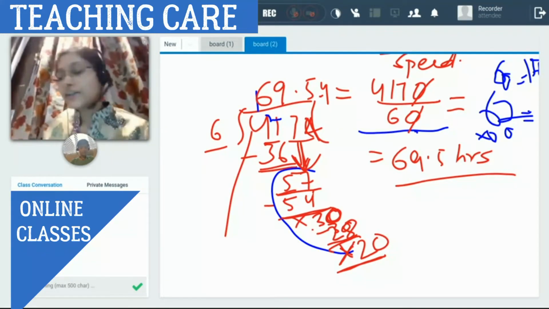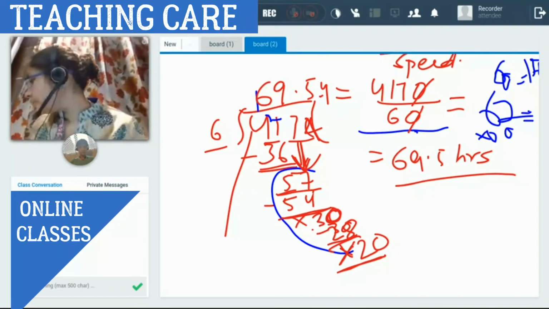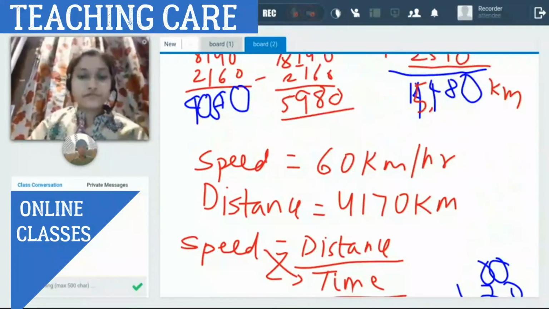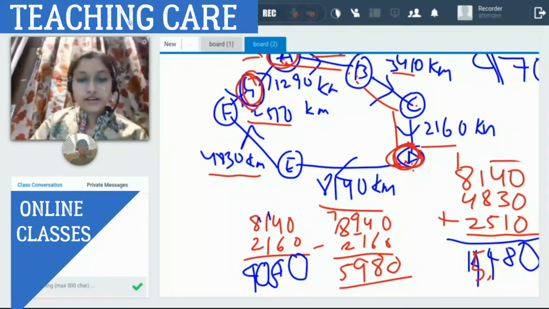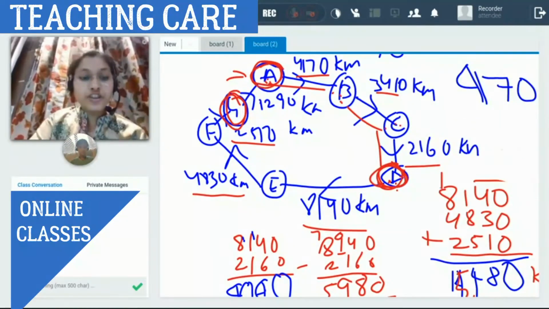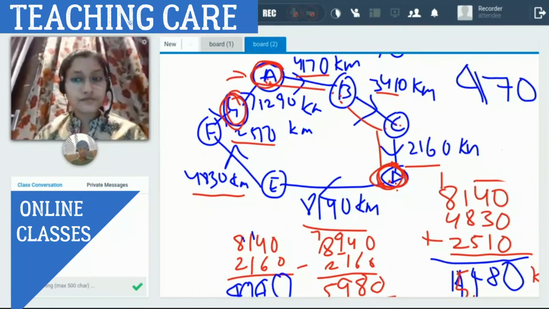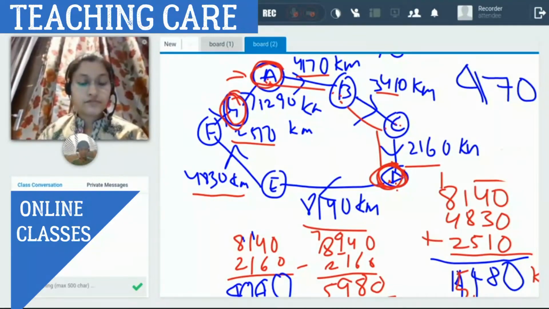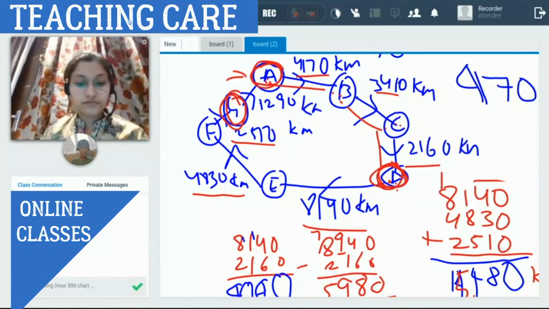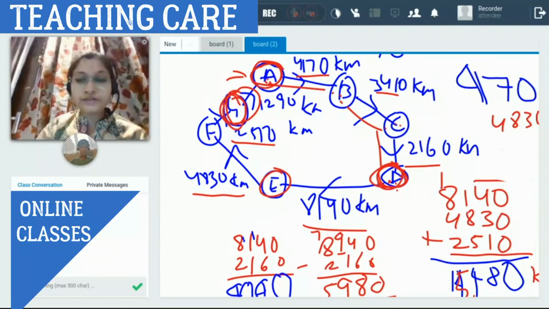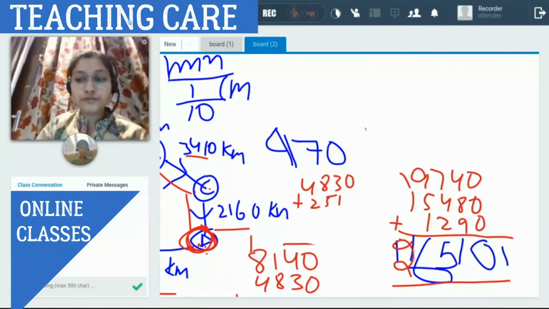So now try to find out the time when the journey from E to G. First I have to calculate the distance from E to G. So this would be 4830 plus 2510.